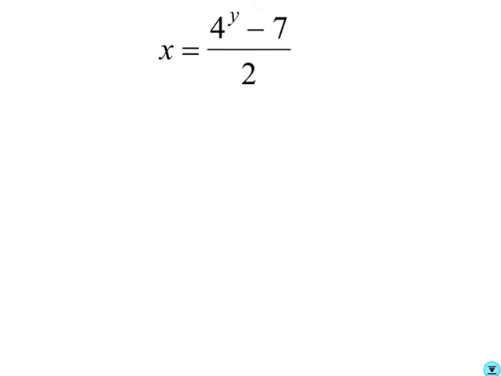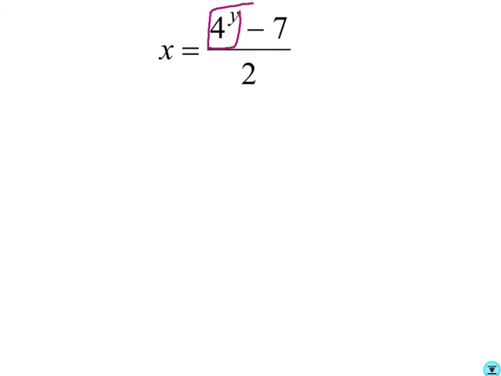Okay, so we're going to look at our exponential problems here. This problem looks pretty similar to our problem that we did with our linear equation example video, and we're going to treat it pretty similarly, actually. This 4 to the y is what I want to get by itself.